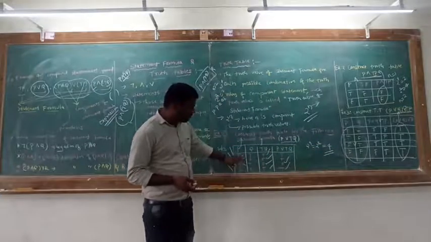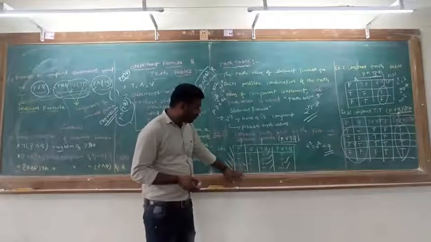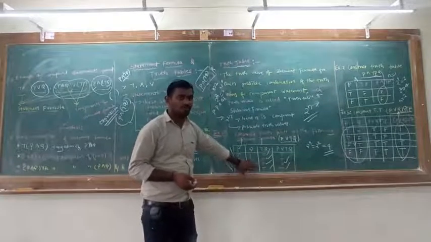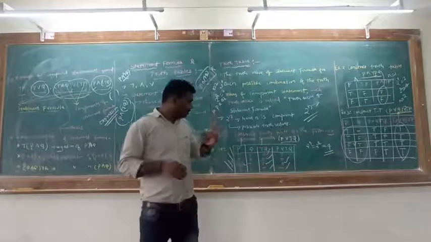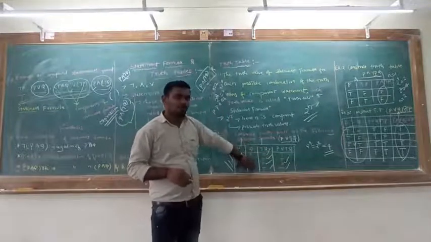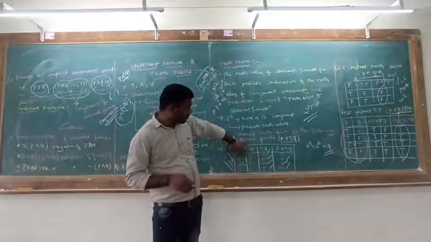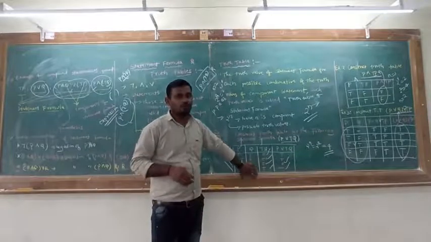And these will be the possible values: true, true, true, false, false, true, false, false.